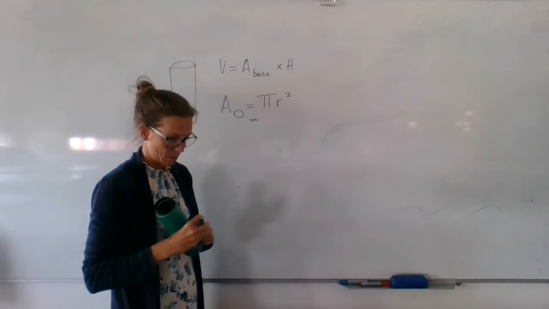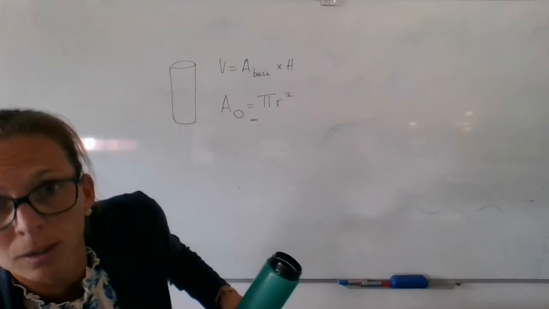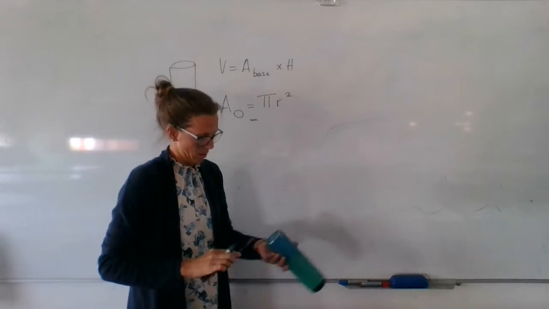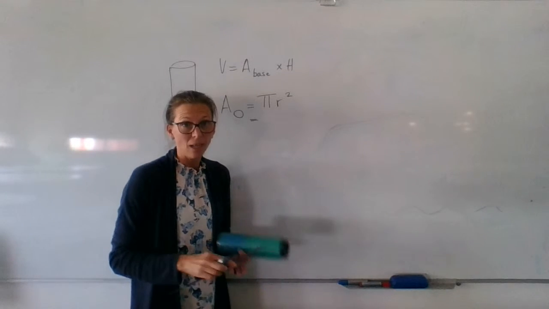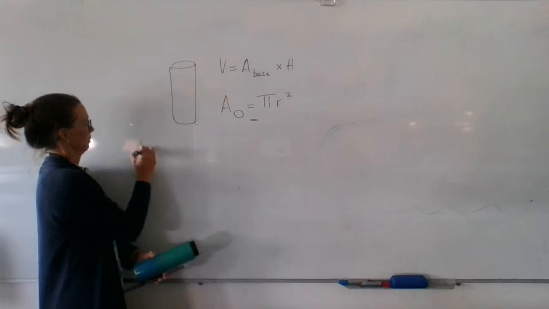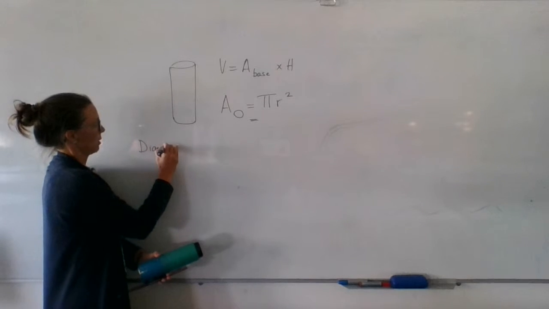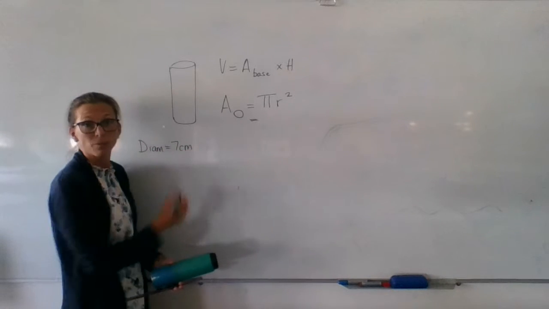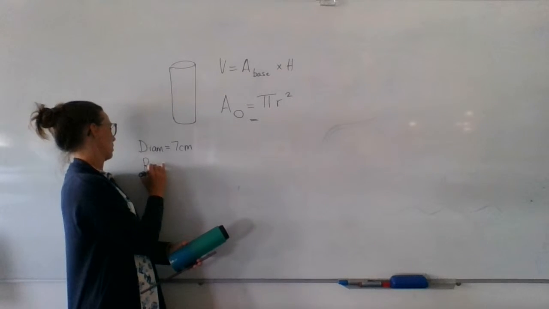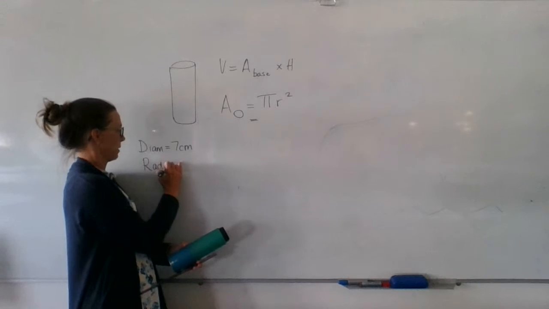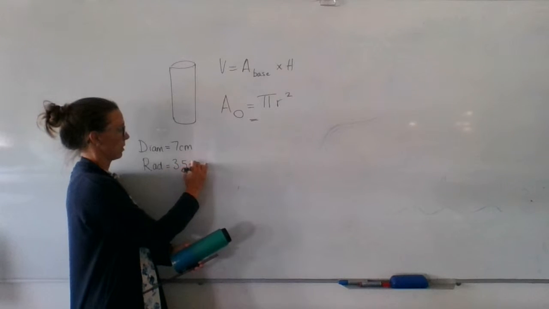First of all, I'm going to have to get out a ruler. My diameter is equal to 7 centimetres. So I'll have to halve that to get the radius. I might just write for myself the radius equals 3.5 centimetres.